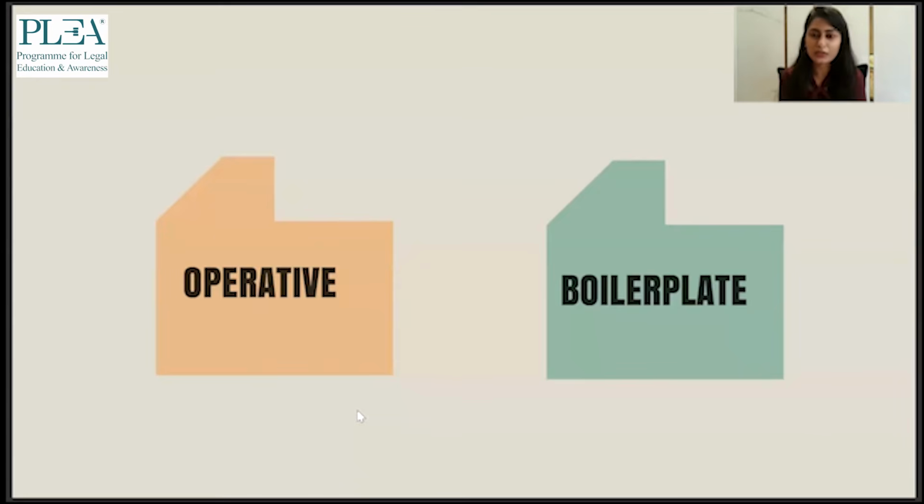You need to include all that in it. You should also include words such as the seller is in full use, occupation, and exclusive possession of the flat. Exclusive possession means only that person has the possession of the premises and not some other XYZ person.